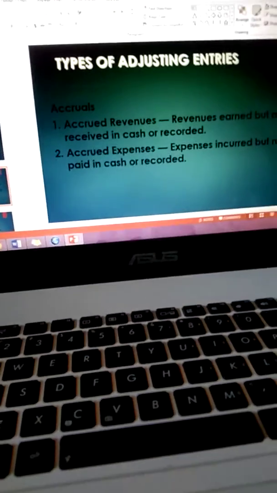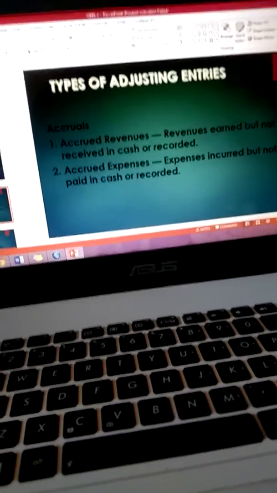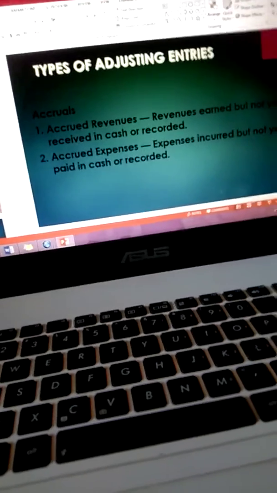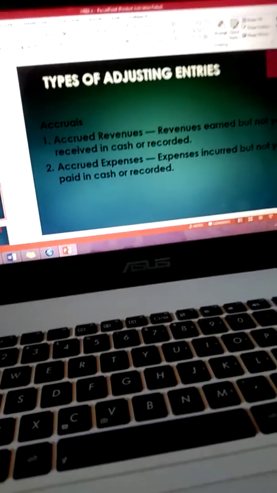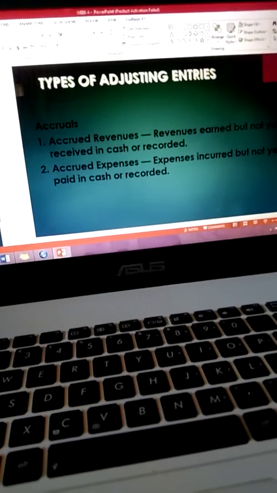Accrual also has two: accrued revenue and accrued expenses. Accrued revenue is where revenue is earned but not yet received in cash or recorded. For example, you have already sold the product to the customer but the customer hasn't paid you yet.